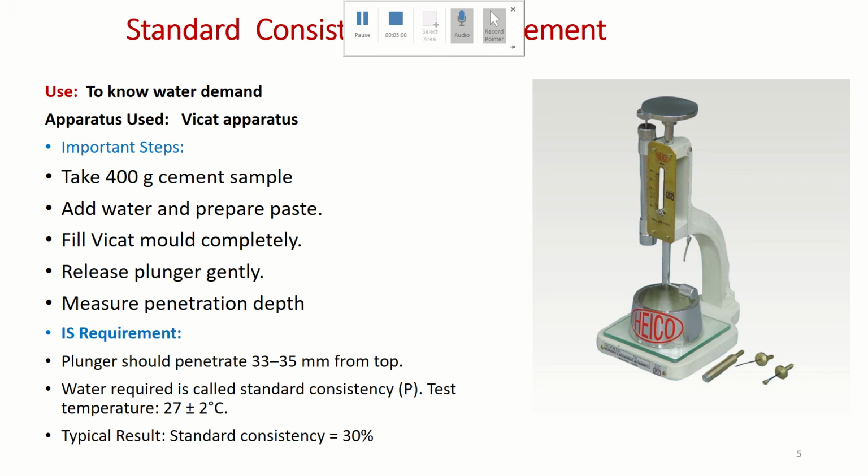Whenever we are taking the cement sample, we add water, 20% initially, and check the penetration. Then we add 25% water, 27% water, 29% water, and the water quantity at which we get this particular penetration, that is 33 to 35 mm from the top or 5 to 7 mm from the bottom, is called the standard consistency of cement.